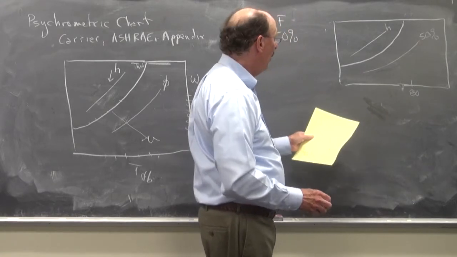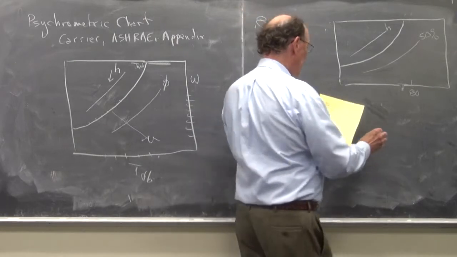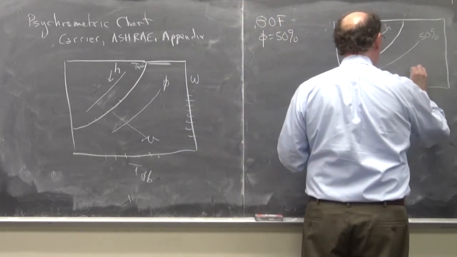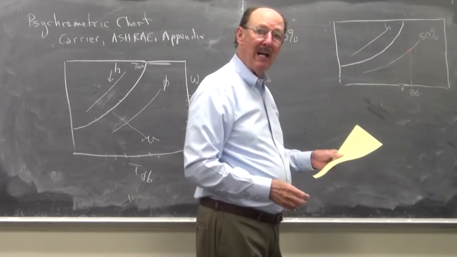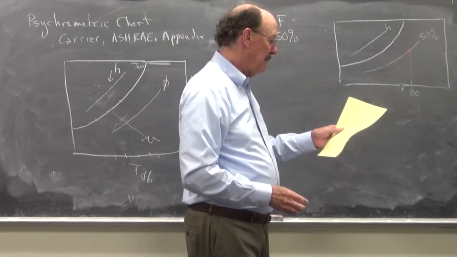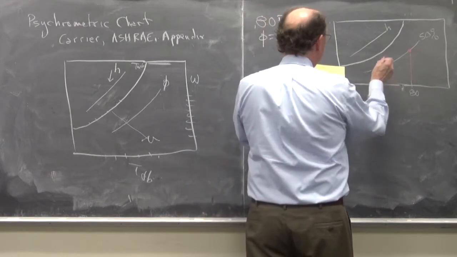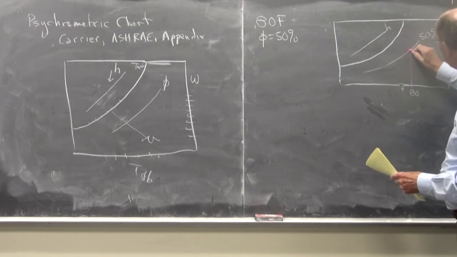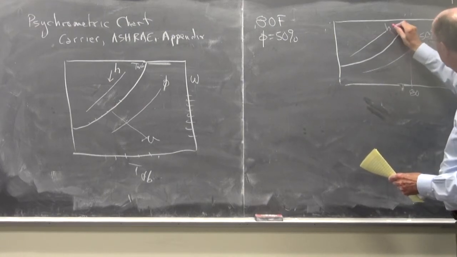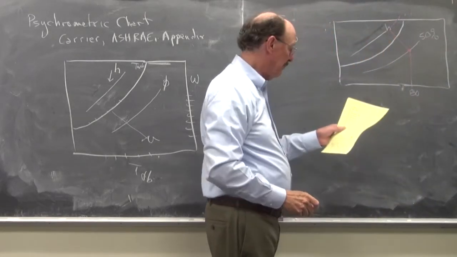So now I want to locate this point. I go up at 80 until I hit 50%. That's the point I'm interested in. Now, if I want to read the enthalpy, it's a line like this, and I just read the enthalpy value off the chart.